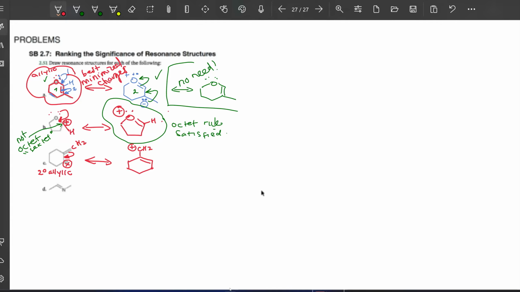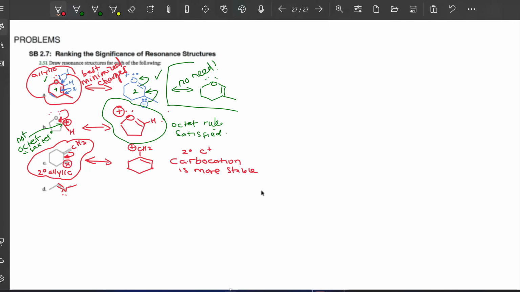This is based off a different chapter, we're just going to use carbocation stability here. So the secondary carbocation is more stable, so the resonance will lean more towards the secondary carbocation. There's no other resonance. If I push this back, it's going to take me back to the black. That's how I know I don't need to keep drawing. Got it. Okay.